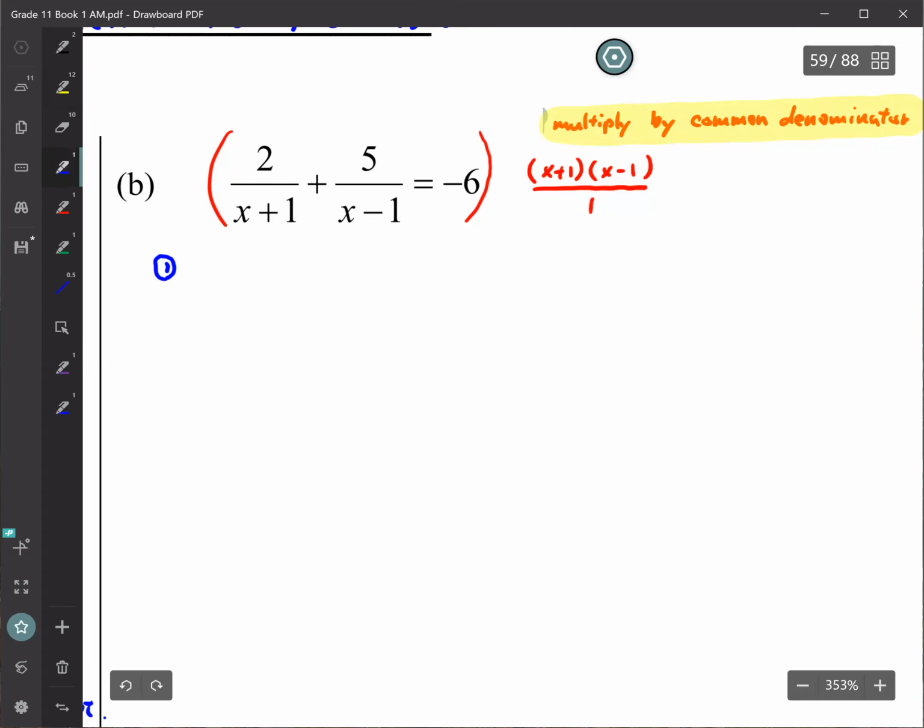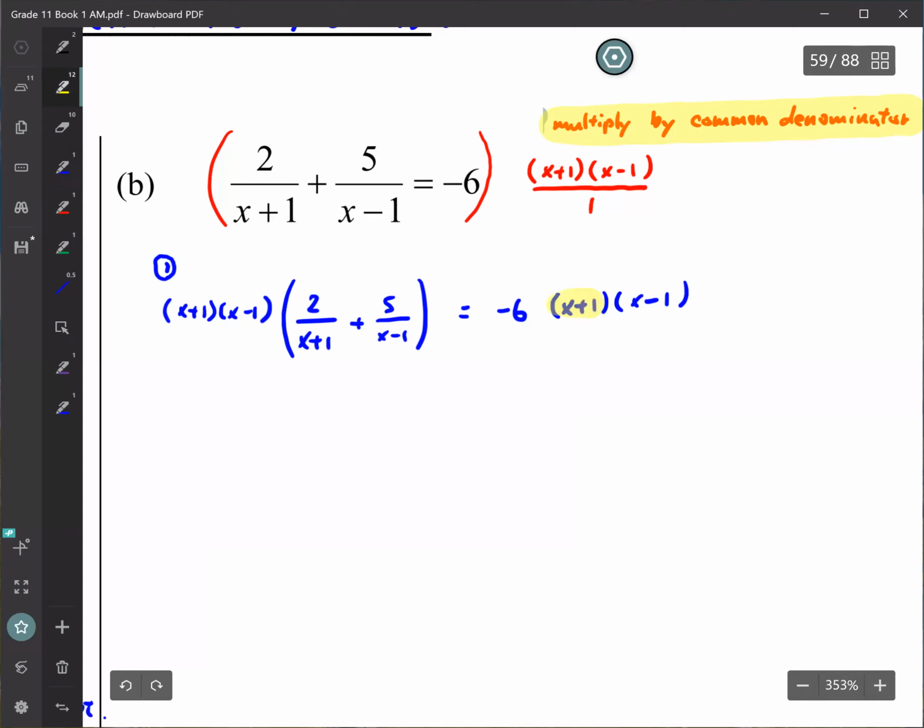So let me write it down slowly. On the left side, I have x plus 1, x minus 1, multiplied by the left side. And then the right side is negative 6 multiplied by x plus 1, x minus 1.